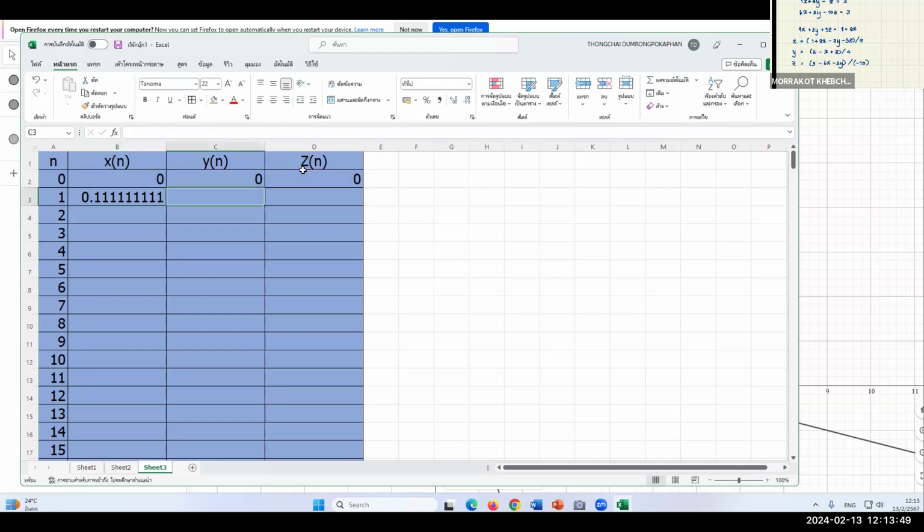This one is 2 minus x plus z, from the previous step, divided by 4. This is 3 minus 6 times x minus 2 times y divided by minus 10.